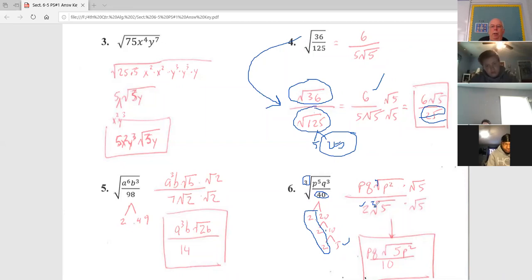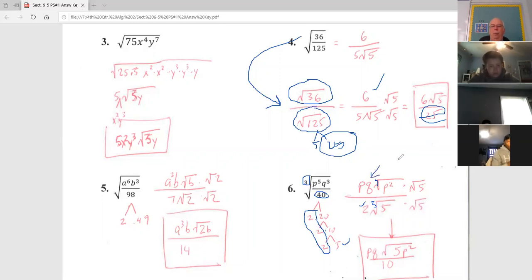I see I made a mistake here, and I'll go back and correct it, but I'll address that in a minute. The q cubed comes out from the radical as q.